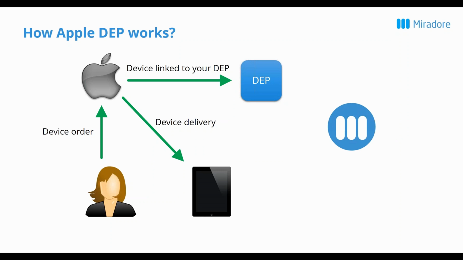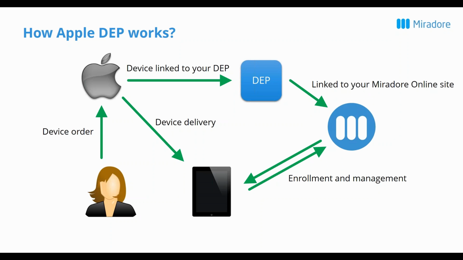So then the DEP will be linked to your Mirador Online site. So there's a link between the purchased devices in the DEP program, and then your Mirador Online site will see all those devices, the device information. And after that you can start enrolling the devices from Mirador Online site. So then comes this enrollment and then the management phase.